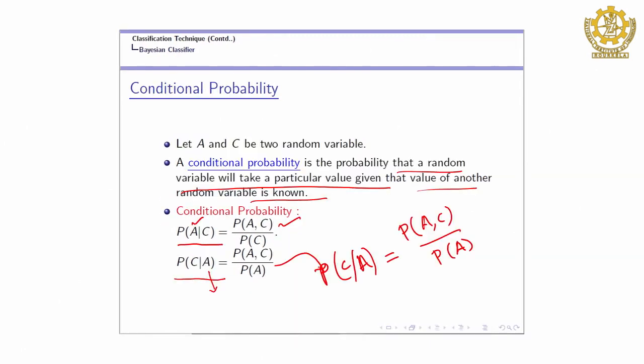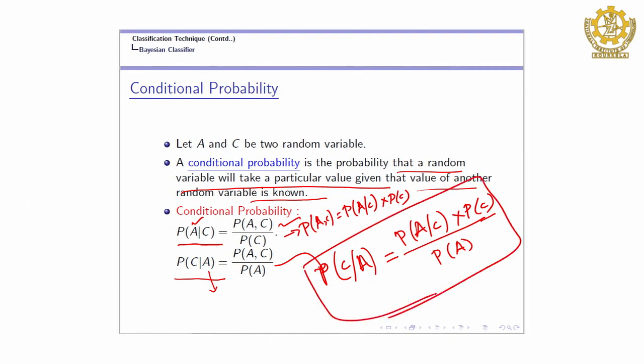Now, you replace this value from the other equation. The joint probability of A and C is equal to the probability of A given C times the probability of C. So instead of the joint probability, we can write the probability of A given C times the probability of C, divided by the probability of A. This is nothing but the Bayes rule.